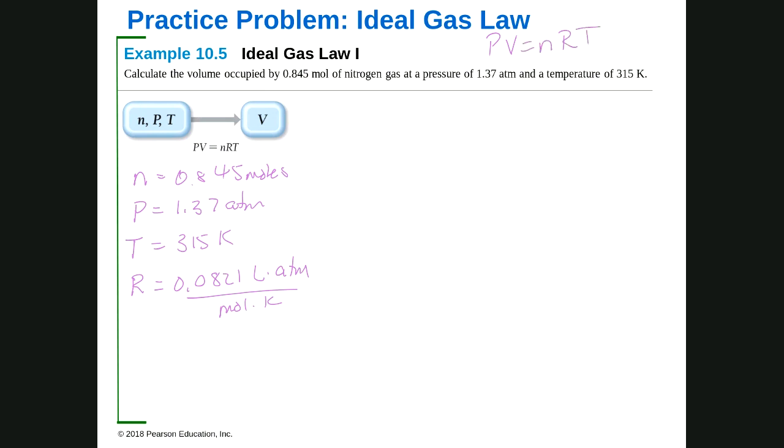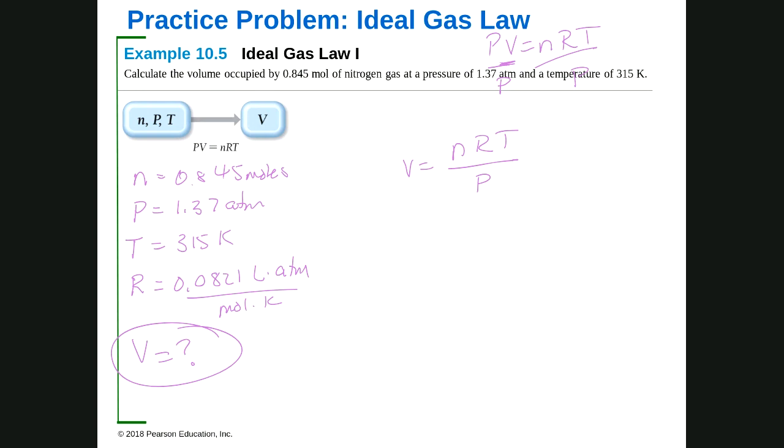So I'm solving. The only one I'm missing is volume, right? So what is the volume? So I'm going to get volume by itself over here by dividing by P, right? And I'm going to come up with V equals nRT over P.